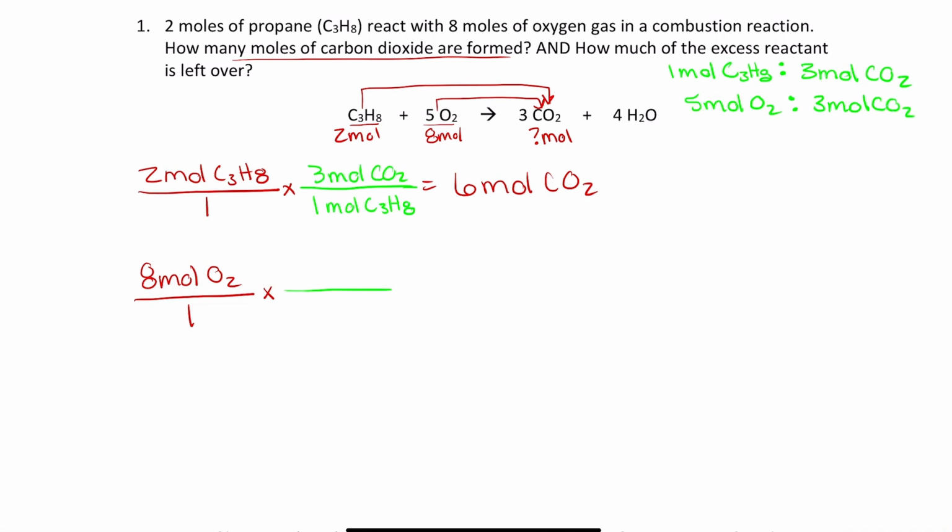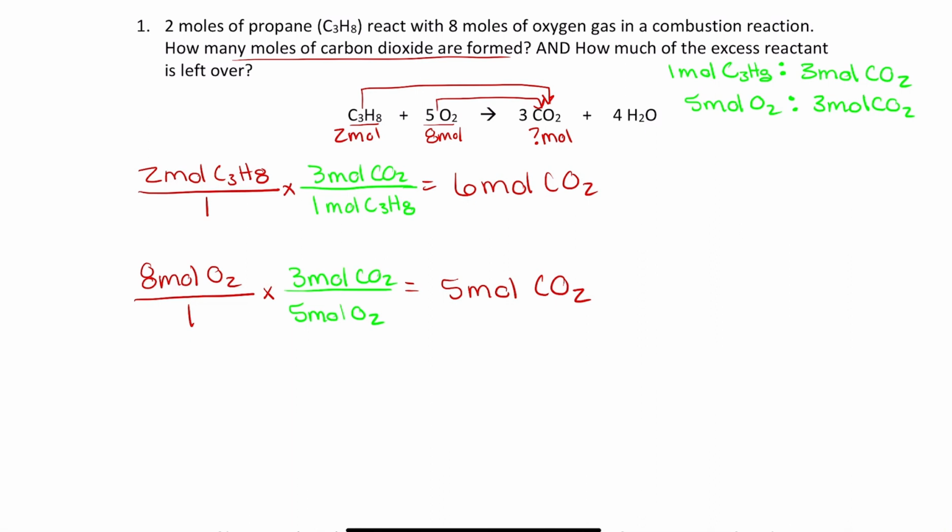So I want to make sure that I put my oxygen on the bottom, my 5 moles of O2 down here so it cancels out, and I have my 3 moles of CO2 up here. If I put this in my calculator, and I'm paying attention to significant digits, then this says I can produce 5 moles of CO2.